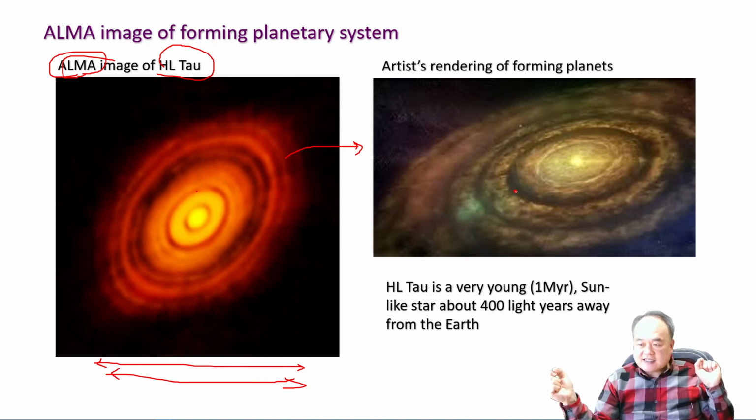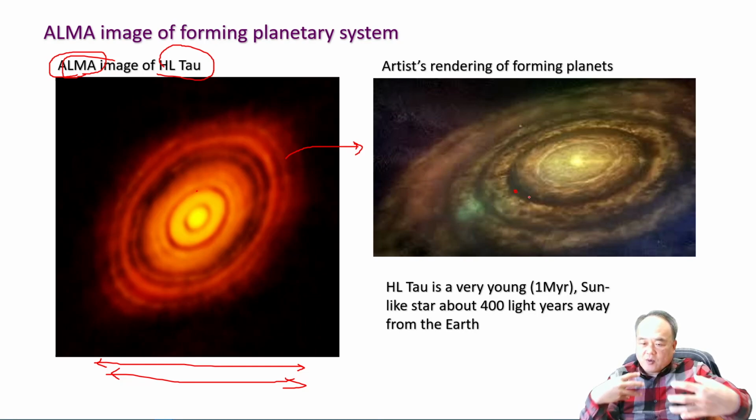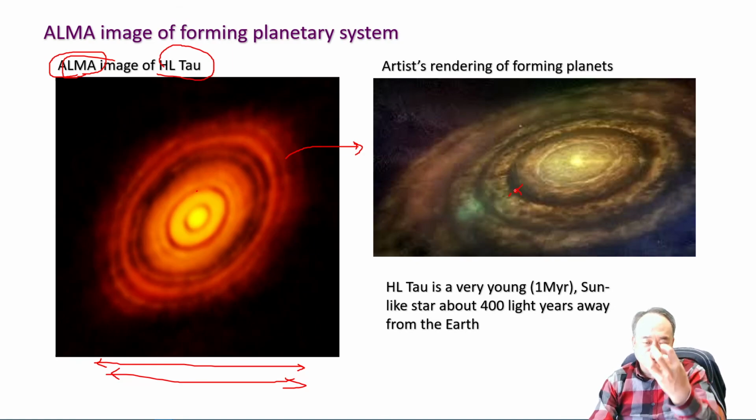So it basically creates the cavity, the avoided region or void region. The hydrogen cloud is basically used up, sucked up into this forming planet.